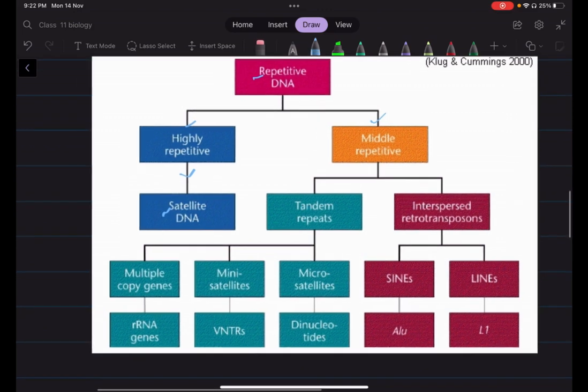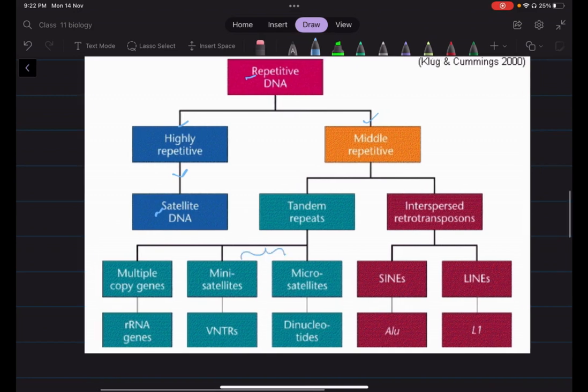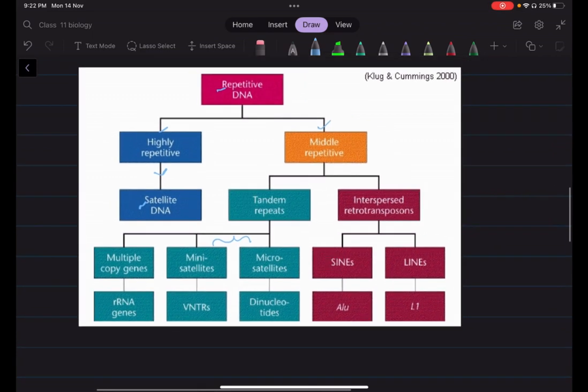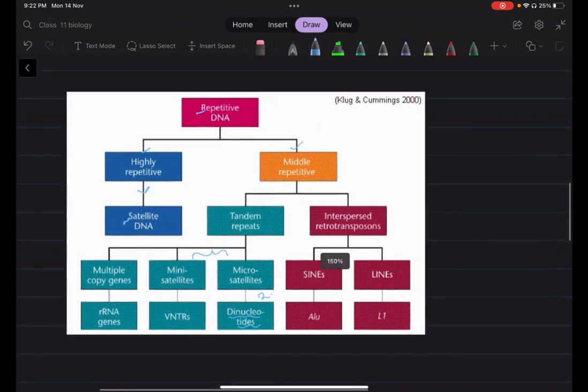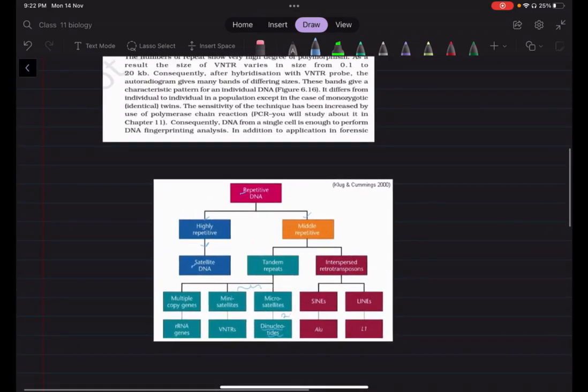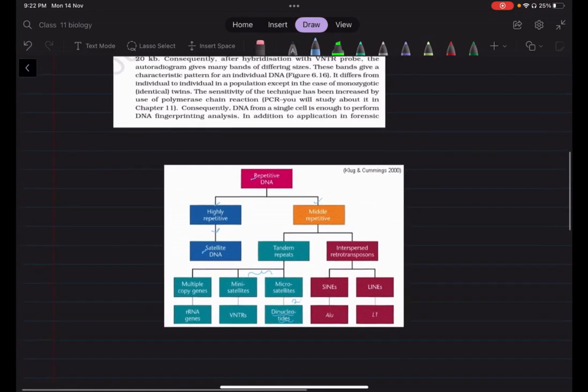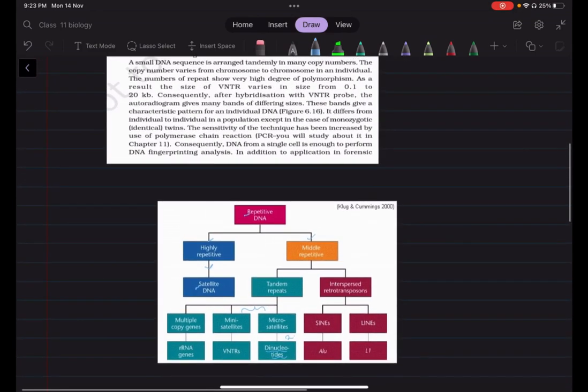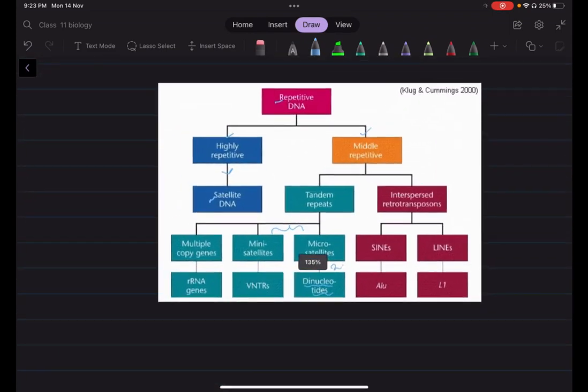Tandem repeats are further divided into multiple copy genes, minisatellites, and microsatellites. Our focus is on these two, minisatellites and microsatellites. Mini is bigger than micro, and micro is extremely small. You can see just dinucleotides, meaning just two nucleotides. Minisatellites are bigger, so their sizes can range from 0.1 to 20 kilobases.